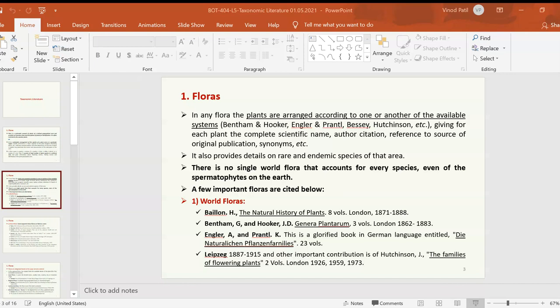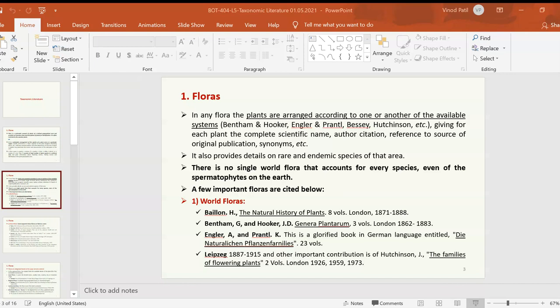Because this is again the creation of the botanist, and they want to preserve this particular species, and that's why they also try to expand the knowledge on this particular field, endemic or the rare. There is no single world flora that accounts for every species, even of the spermatophytes on the earth.